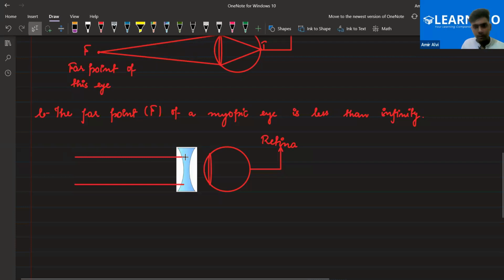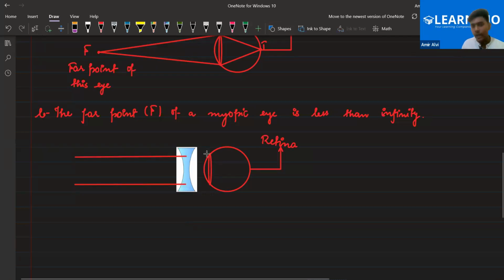So Shazil, what will happen if the light ray passes through the concave lens? Yes, Shazil, tell me. It will diverge, right, Shazil?